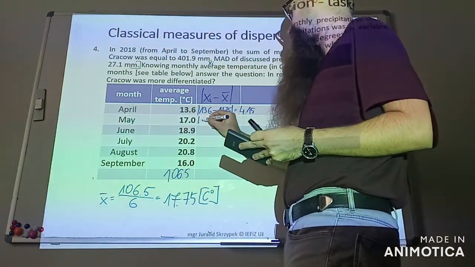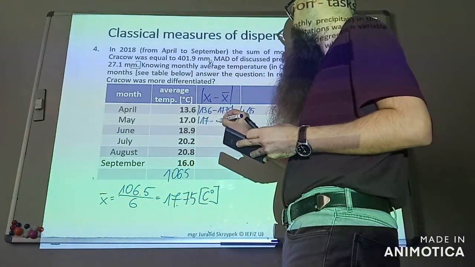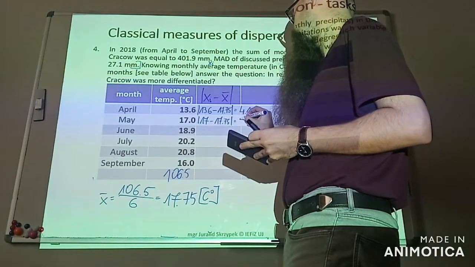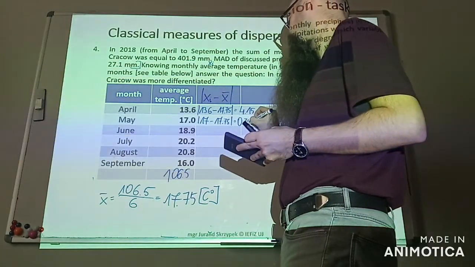After that we have the module of 17 minus 17.75, and this is of course 0.75.